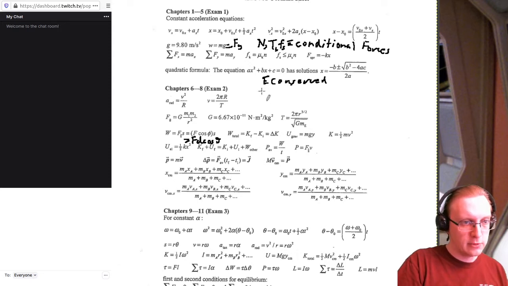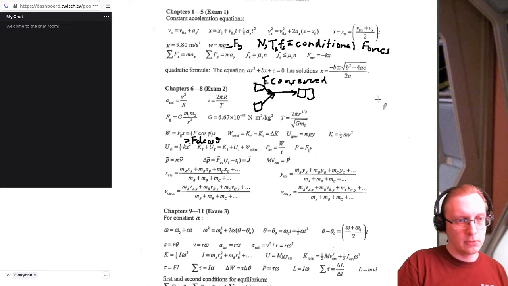So if one object comes in, another object comes in, and then they stick together as one object, you can tell energy is not conserved because you can tell whether this is going forward or backwards. Usually it's off of context clues, like a bullet comes in and gets embedded in the object. There's only one direction that can go.